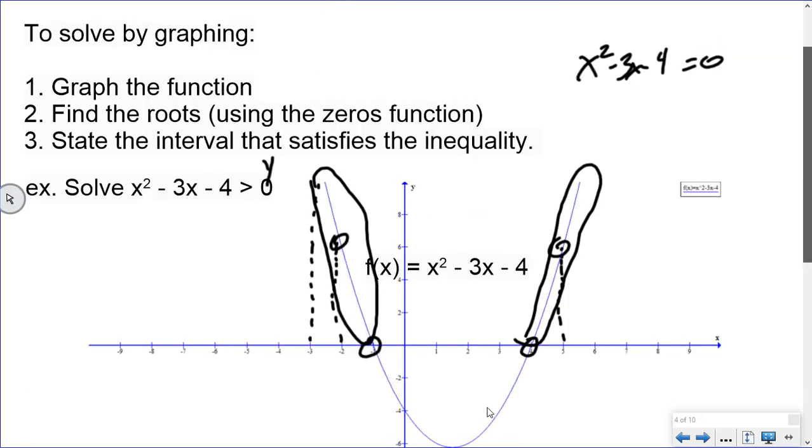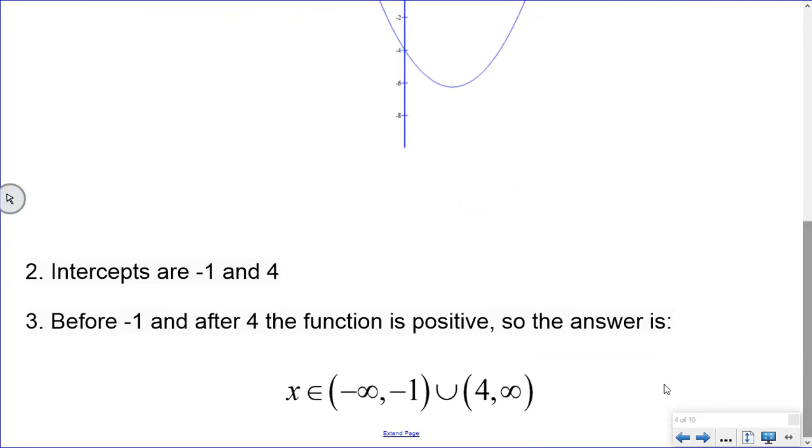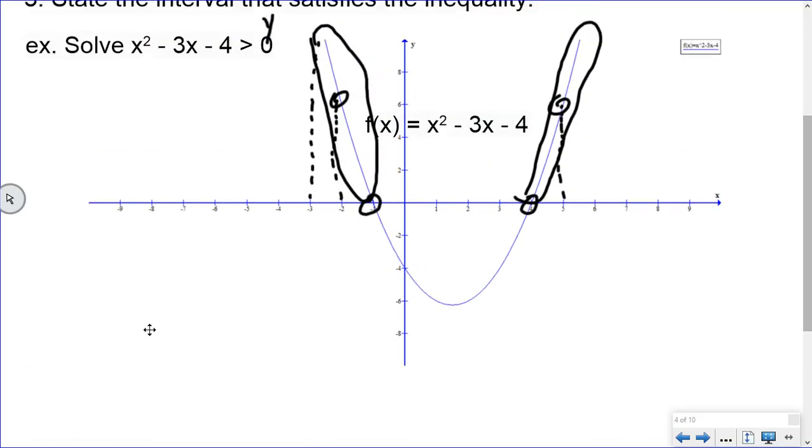So for this graph, we said that our intercepts were -1 and +4. If I were to think about it going from the left to the right, before I get to the -1, I have answers that work. I have this area over here that has answers that work.